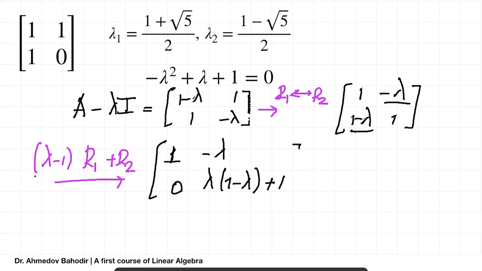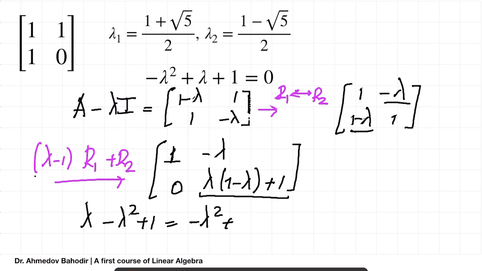If you look at this term really carefully, what you get is minus lambda squared plus lambda plus 1. Please note that lambda is essentially lambda 1 and lambda 2. You just need to substitute lambda 1 and lambda 2 there.